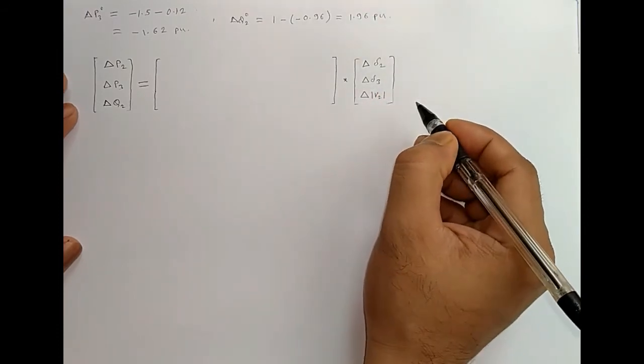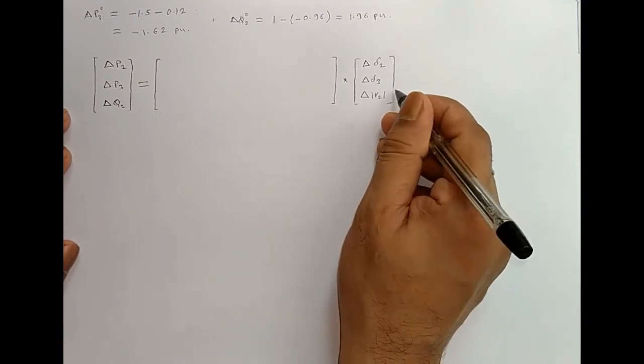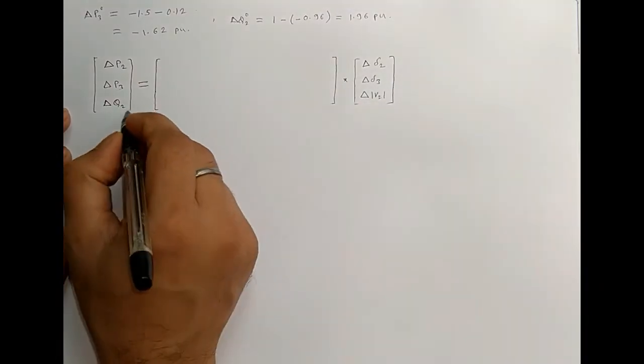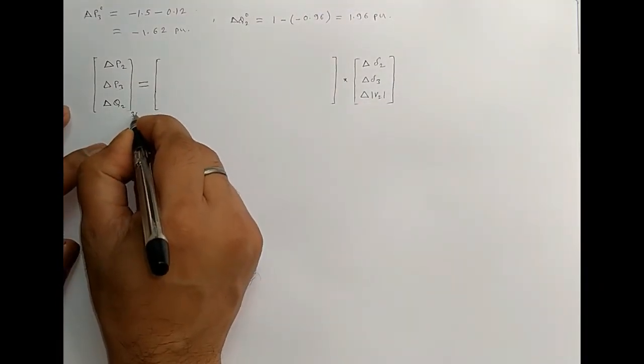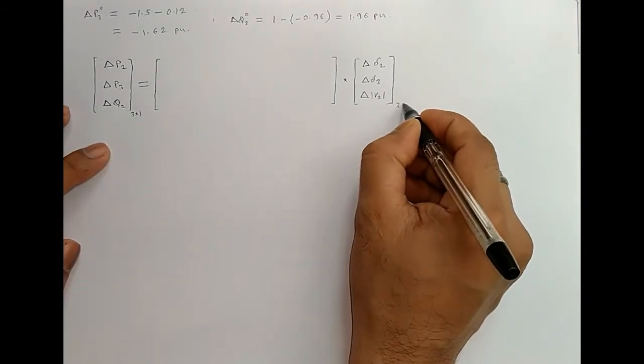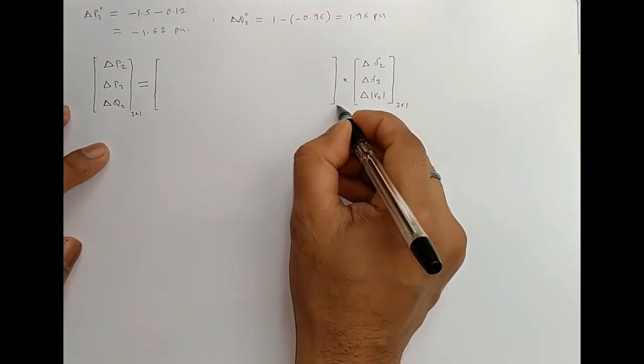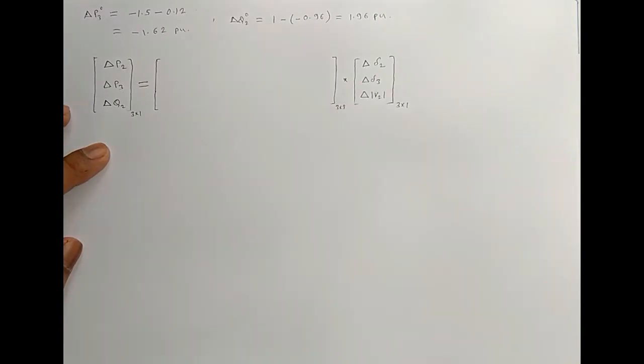This will be the error. So the size of this one is 3 cross 1, this will also be 3 cross 1, so the size of the Jacobian will be 3 cross 3.